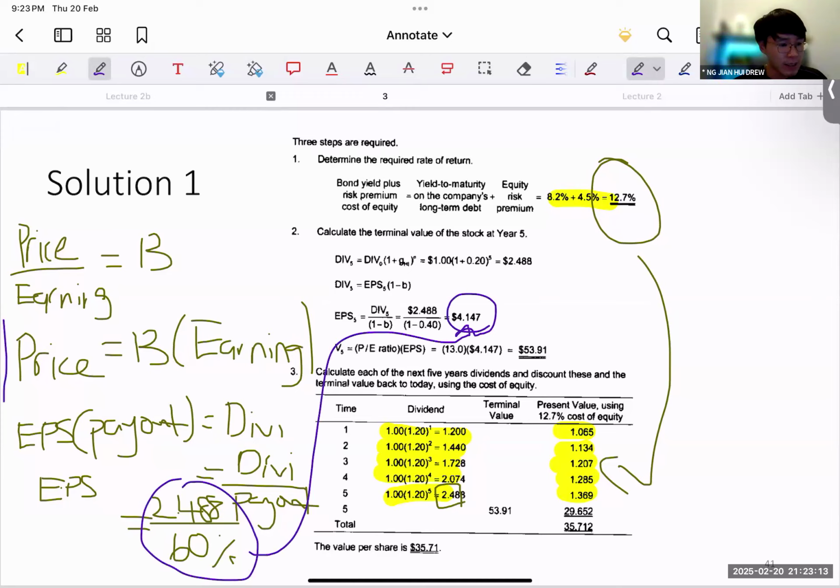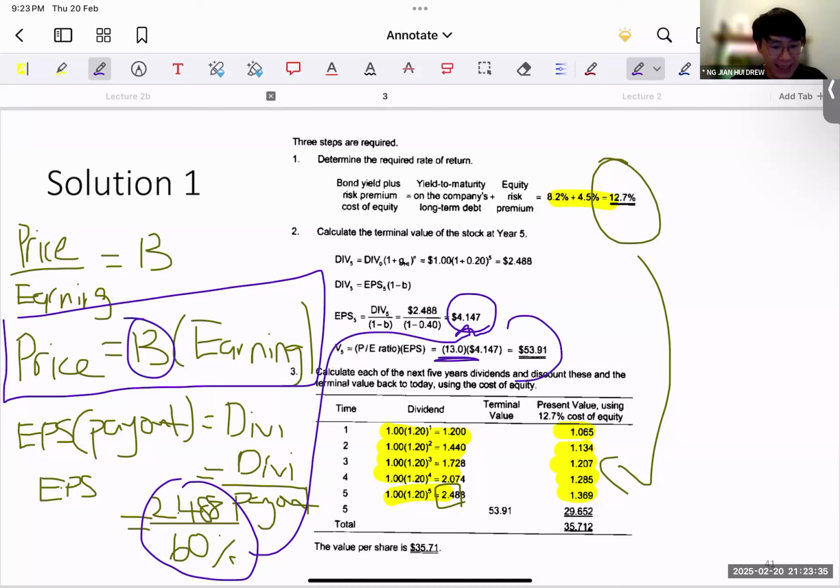If we are determining the price at the end, the terminal value price, we just take the $4.14 multiplied by 13 to give you your price and your terminal value.